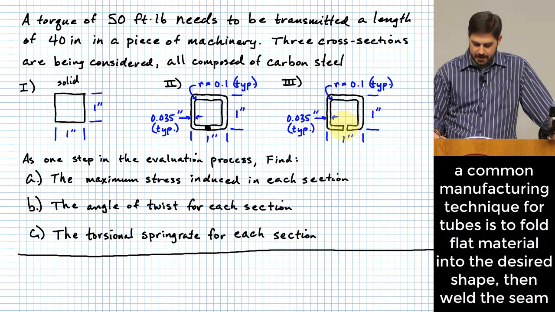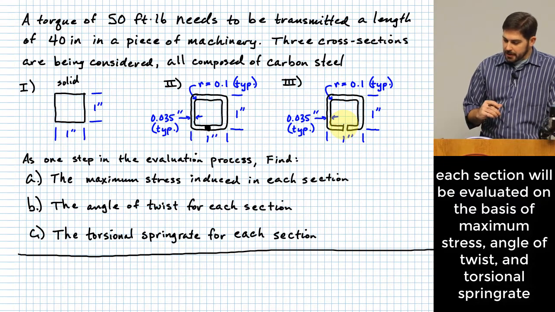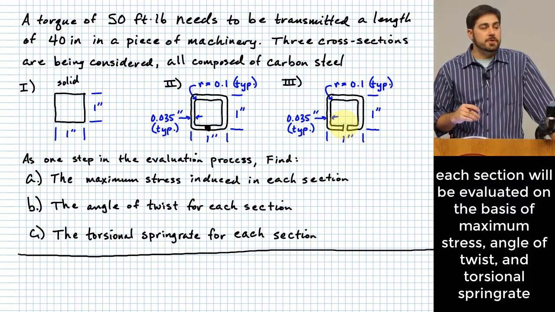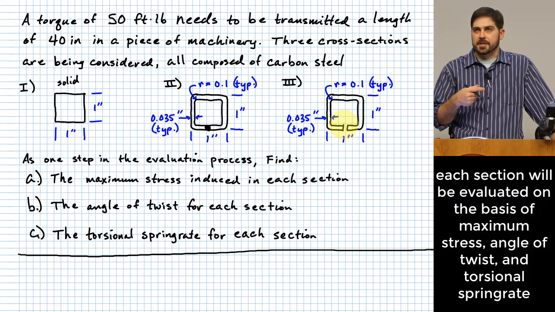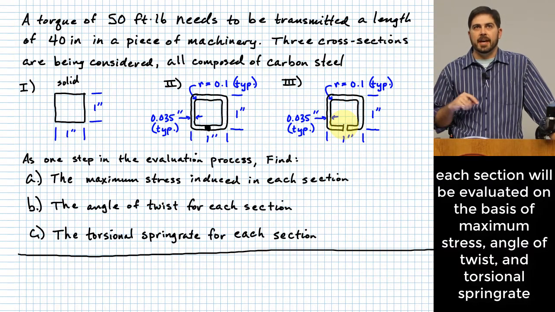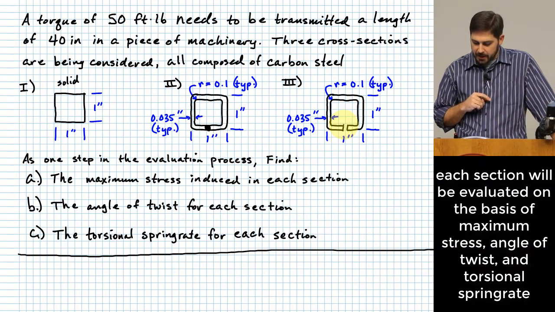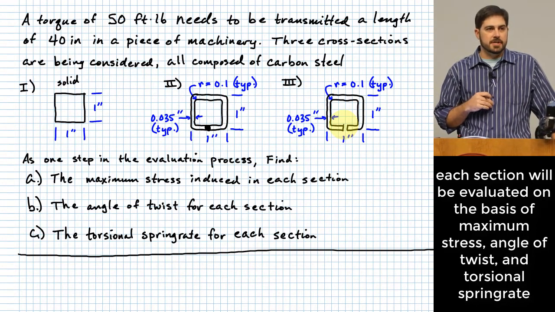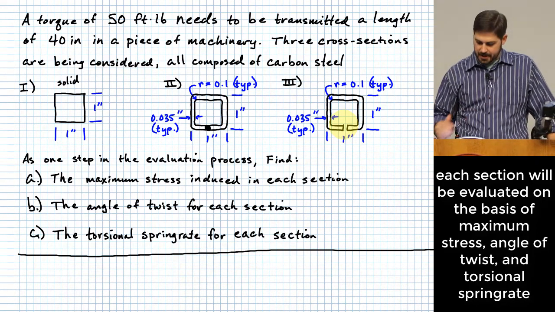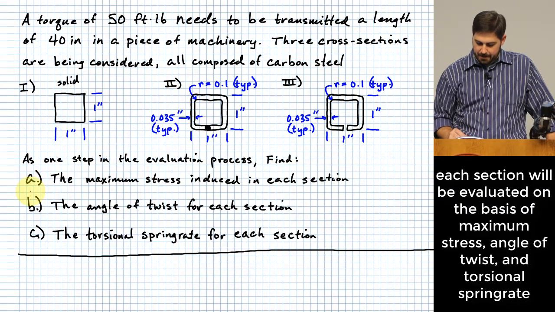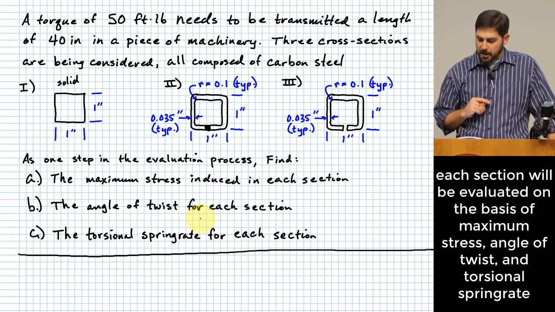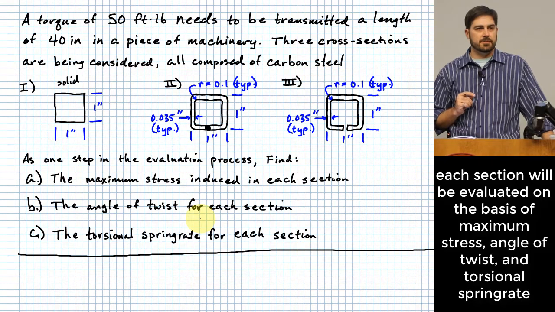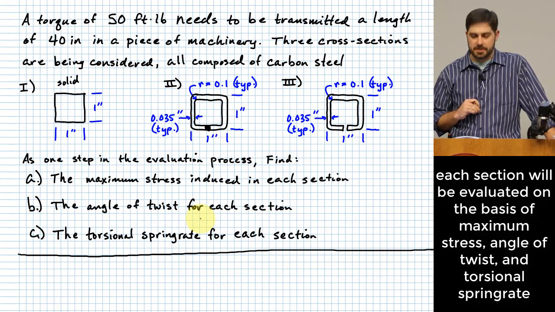All right. So what we're going to do is evaluate the suitability of each of these cross-sections for this task. We're going to do that by evaluating how much maximum stress is induced in each of these cross-sections. That's step A. Step B, we are going to figure out what the angle of twist is for each of these types of cross-sections.